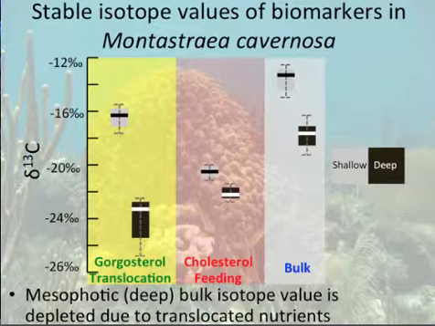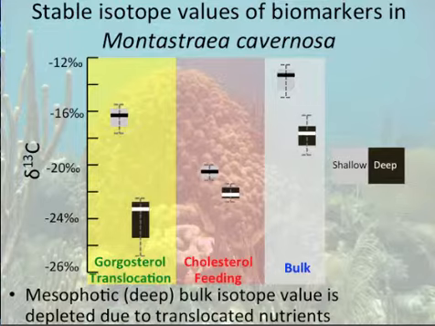So when we look at the stable isotope value of the bulk, what we see is that the bulk from shallow to deep becomes depleted. And this is just further evidence for the fact that translocation is taking place in these corals. So the shallow samples more closely resemble the stable isotope values of the nutrients acquired in the shallow waters.